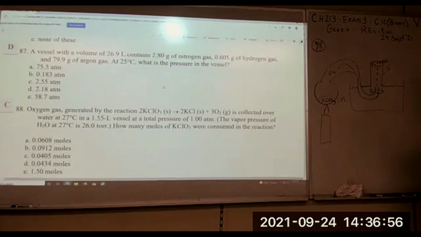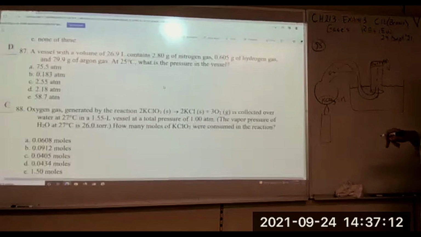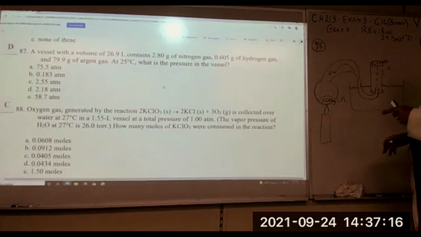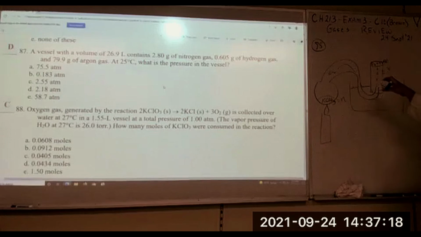Well, we can use Dalton's law of partial pressure. If we can find out how much water vapor is in there, subtract it from the total, then we can find out what the pressure of oxygen is. We need to know the temperature. The vapor pressure of water is very well defined at different temperatures. So that's why this bit of information is given.